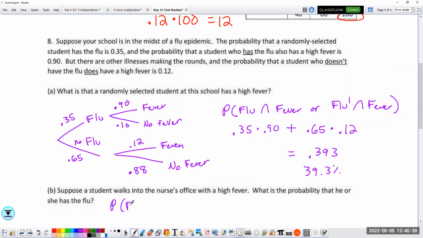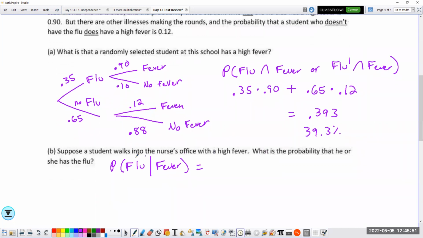Suppose I know you have a high fever. What is the probability that you have the flu? So flu given fever. Now, I can't read that right off my chart, but I know from my formulas that the probability of flu given fever is the probability of flu and fever divided by the overall probability of having a fever, which I found above, so that's handy.